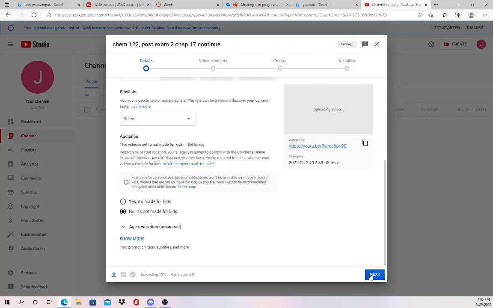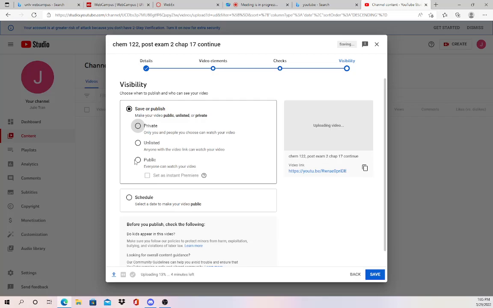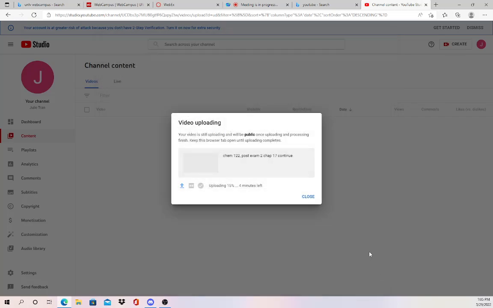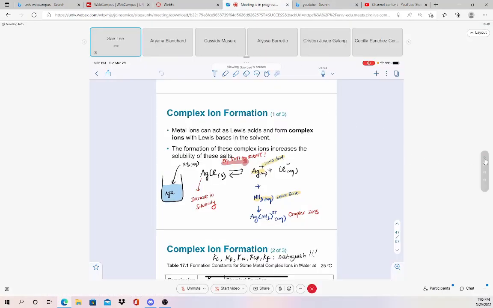All right, I'm going to continue chapter 17 before I start chapter 19 today. Last time I stopped at explaining the complex ion formation. I'm going to explain this one more time. So the third factor that affects the solubility of a substance is formation of complex ion.